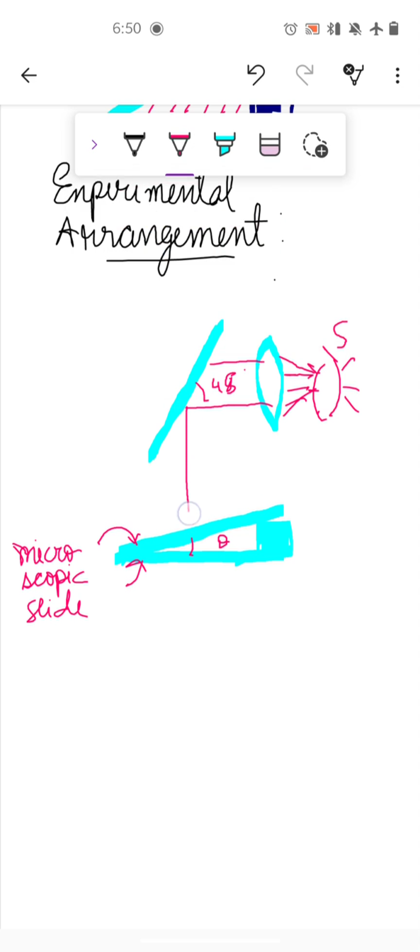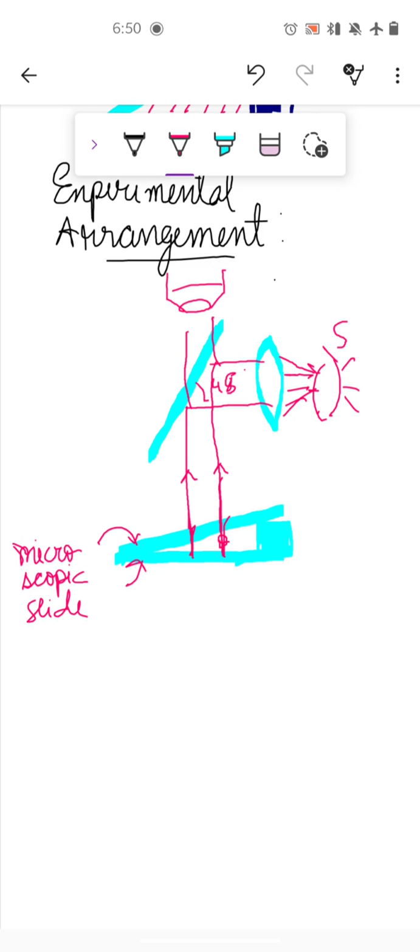Light gets reflected from this surface, and it also gets reflected from this surface. In case of normal incidence, it goes through the glass plate and returns back to this glass plate, and from here it is refracted and enters into the microscope.